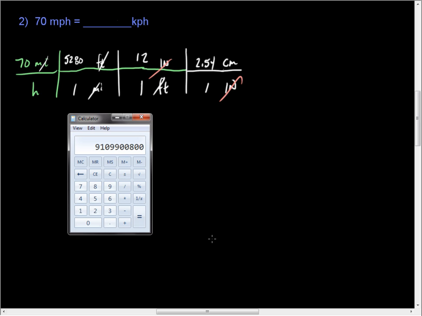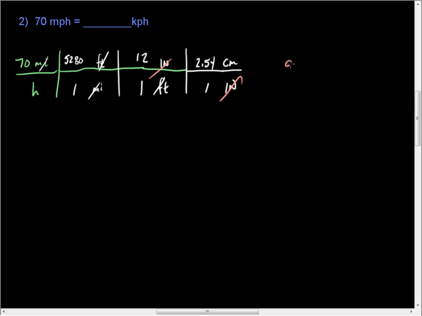So this is going to give me 910,990,0800. That comma should not be there. Now I'm in centimeters per hour. Ooh, something doesn't look right.